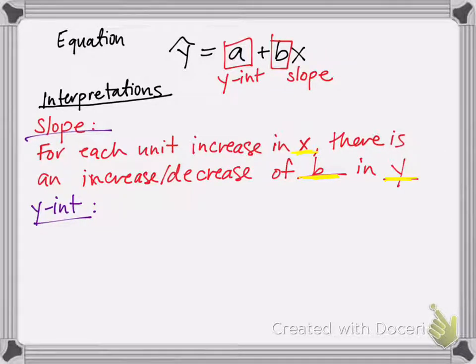For y-intercept. Yes. Y is a, in parentheses, y-intercept, close parentheses, when x is 0 units.